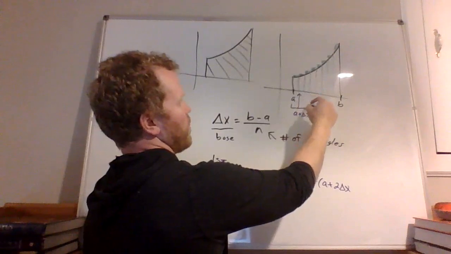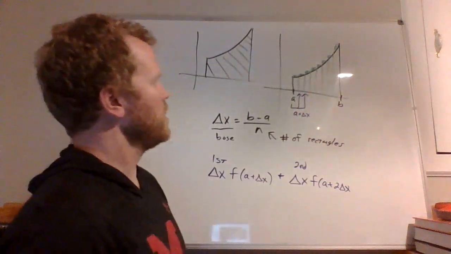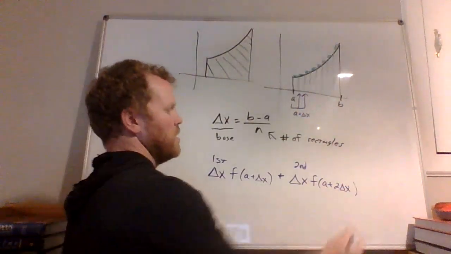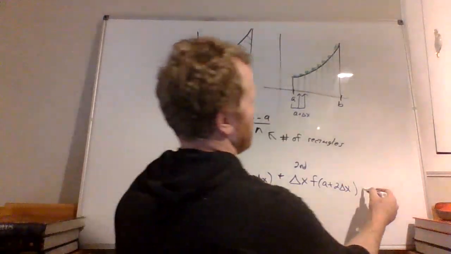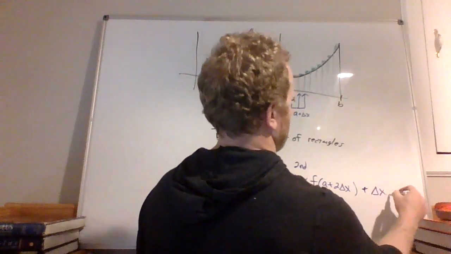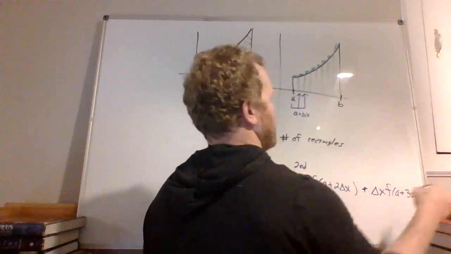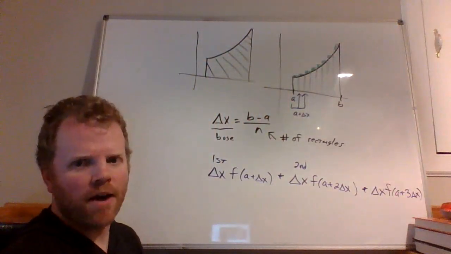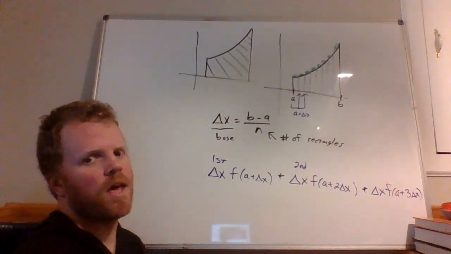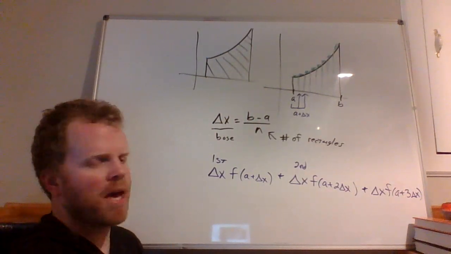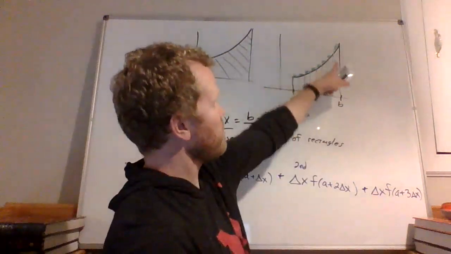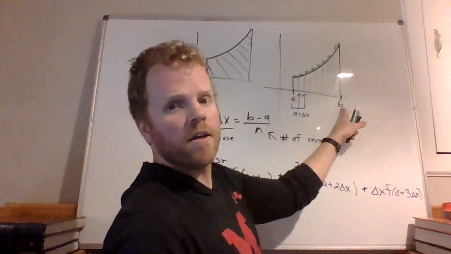We just move over 2 little chunks to get there, plus delta x times f of (a plus 3 delta x's), etc., down the line. And we just keep going until eventually we make it to b. The last rectangle is going to come from using b.